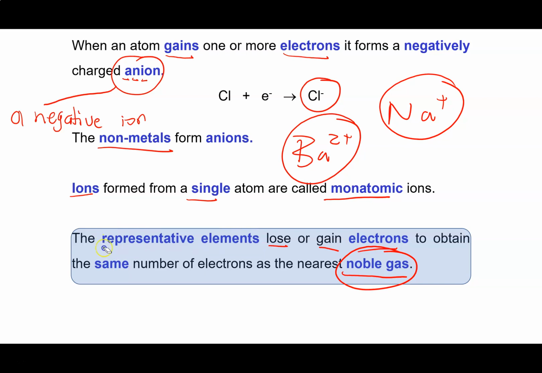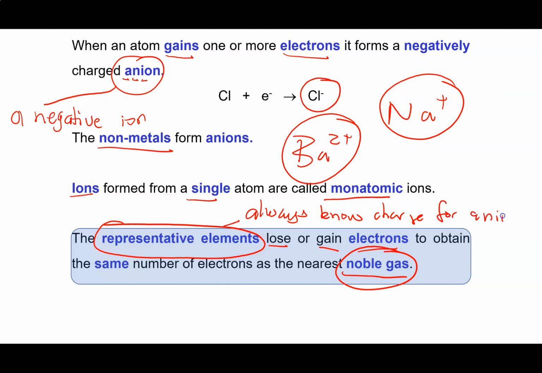Something to be aware of is that the nonmetals are all representative elements. So we can always figure out the charge on an anion just by looking at the periodic table. We always know the charge for anions.